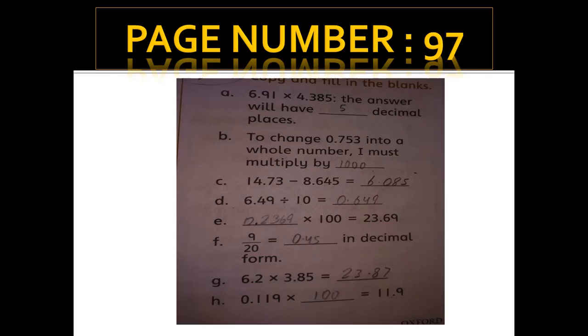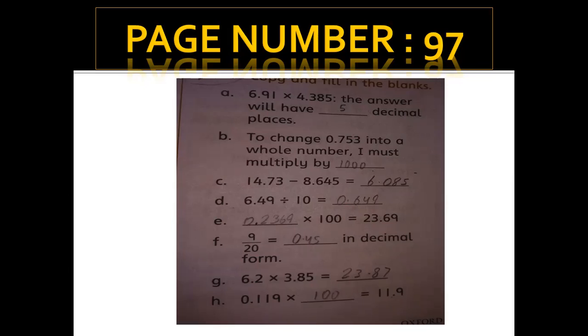6.49 divided by 10, only one zero is there. When we divide any decimal number with 10 or 100, the digits always move from left to right. It means 6 moves from left to right, 649, and we put the decimal before 6.